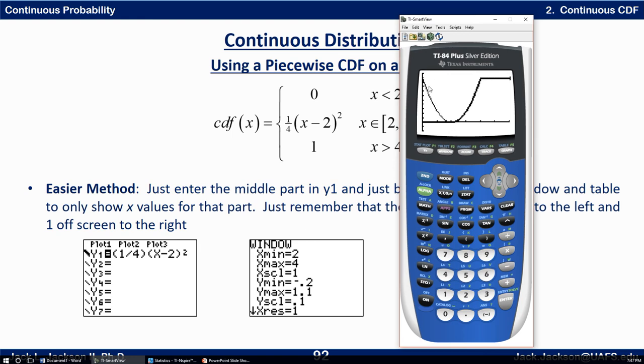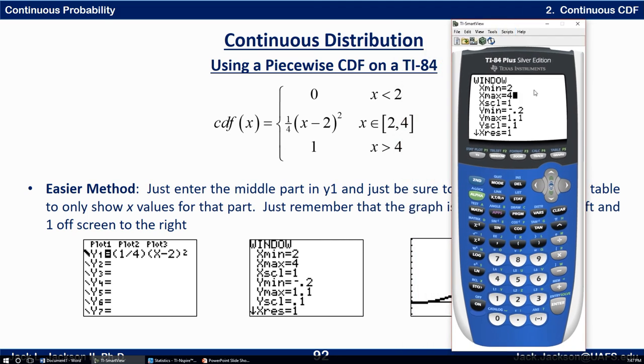Now, if I graph this, it's not going to be correct for the whole thing, because this part of the graph's not correct, this part up here is not correct. But if we restrict our attention to only graphing x's between 2 and 4, which is where that middle part works, and look at the graph, the two graphs are exactly the same. The second graph is just going to graph on top of it.